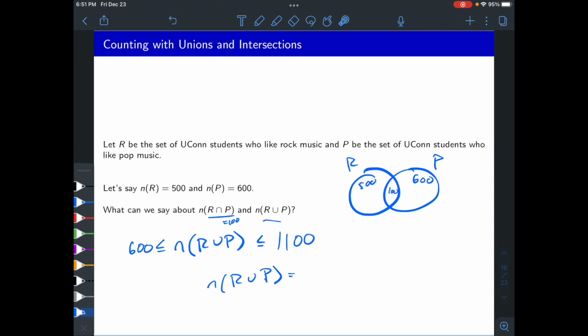Just take 500 plus 600, and you notice that we're double counting everything in the middle. So let's take that away to compensate for double counting. We do 500 plus 600, and now we've double counted the middle 100. And so we would be left with 1,000 total.